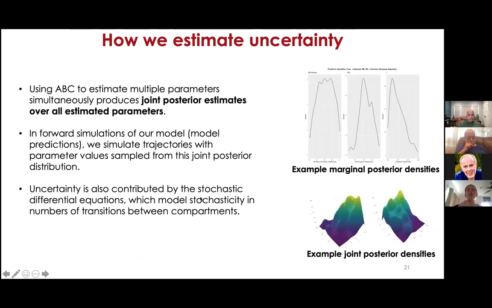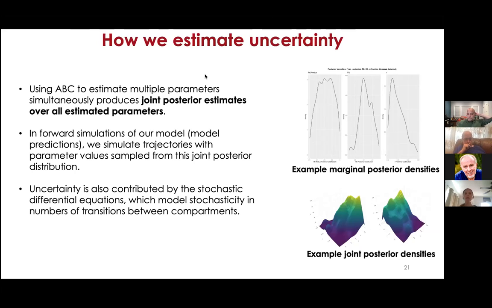So those parameters that we were just showing in red were the parameters that we're estimating, and each time we do a model fitting, we create joint posterior estimates of those estimated parameters. We might be able to estimate 5,000 sets of joint parameter estimates.